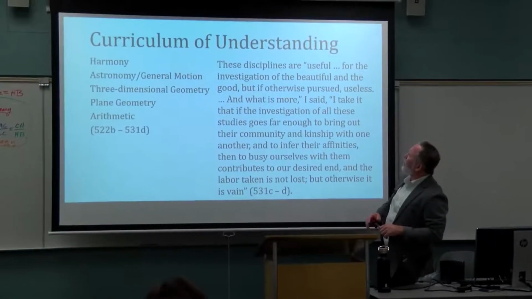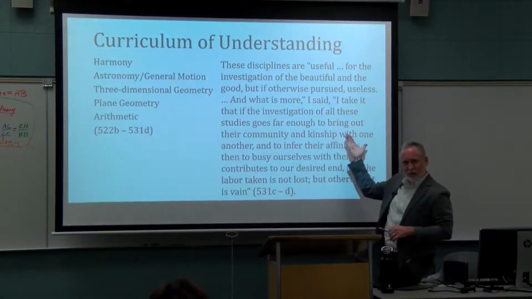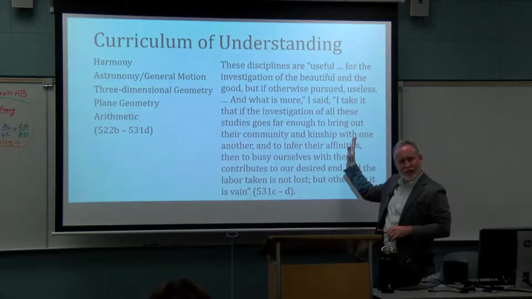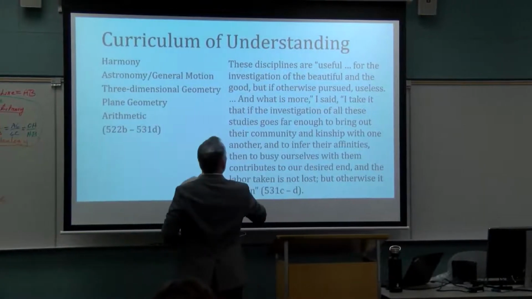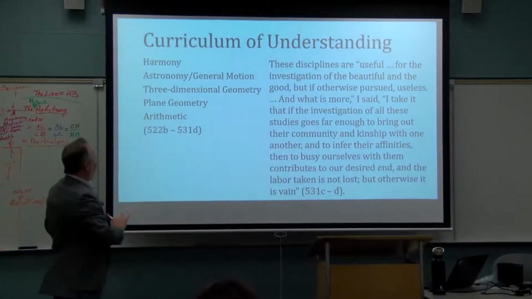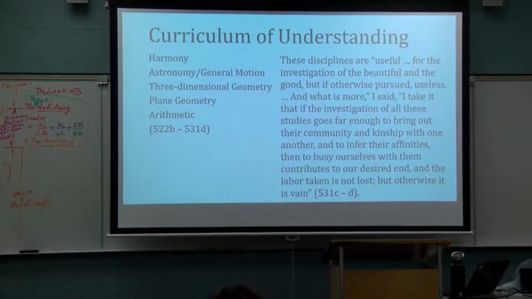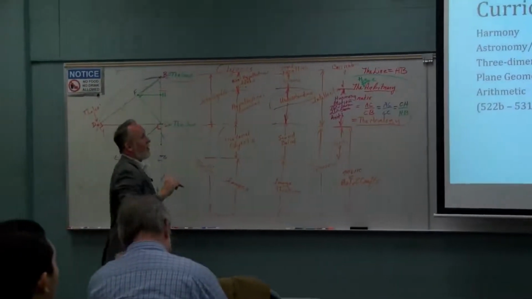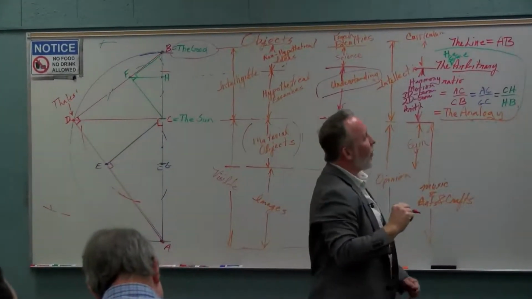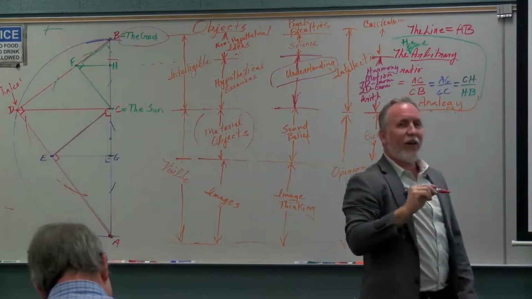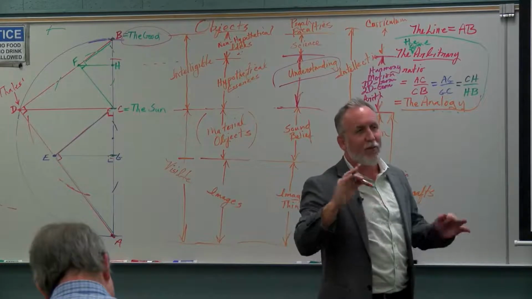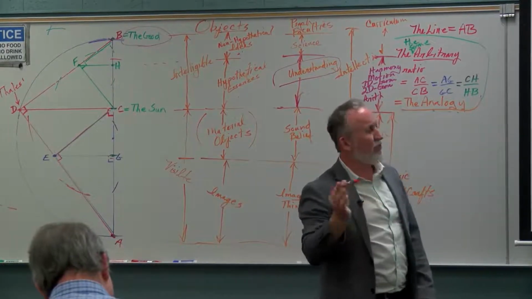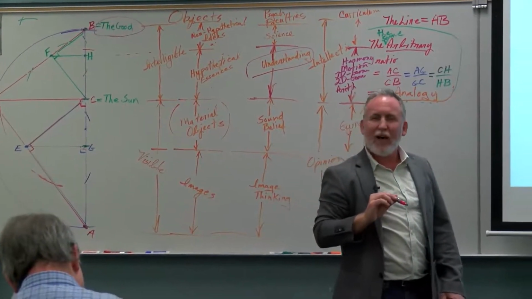And he says these disciplines are useful, but, right? These are useful, but, and that's that big caveat, that but. They're useful for the investigation of the beautiful, that's the good, but if they're otherwise pursued, not for goodness sake, but pursued in some other way, then they're useless.